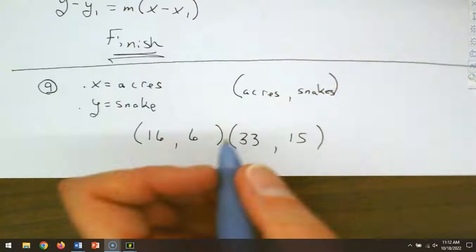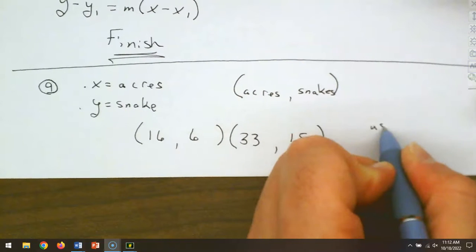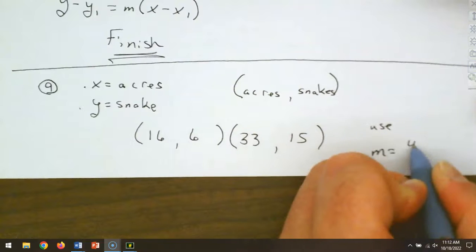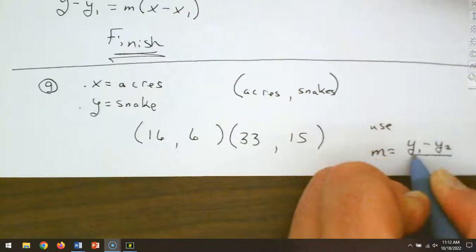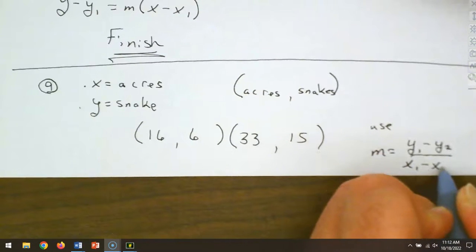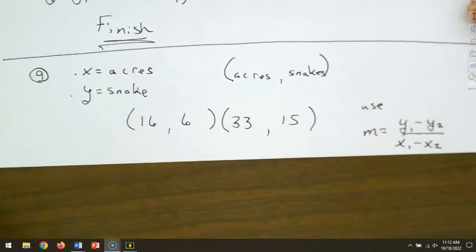Yep, you're going to have to find the slope, which is m equals y1 minus y2 over x1 minus x2. That's going to be finding the slope, and then use that to get your line equation. Does that make sense on that one now? But you see how I got the ordered pair set up that way?